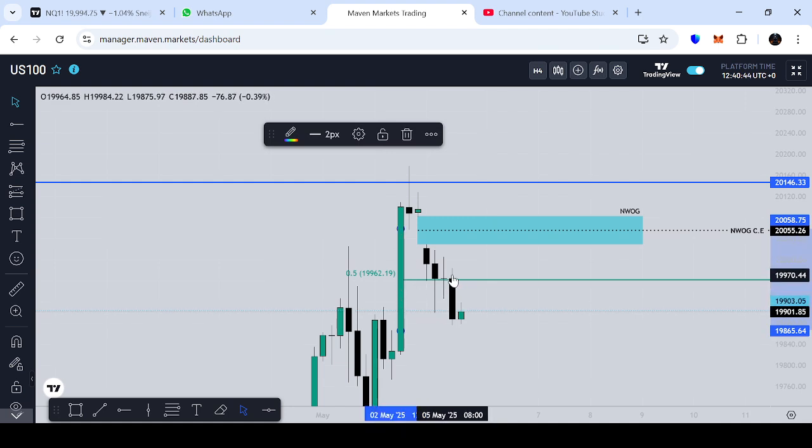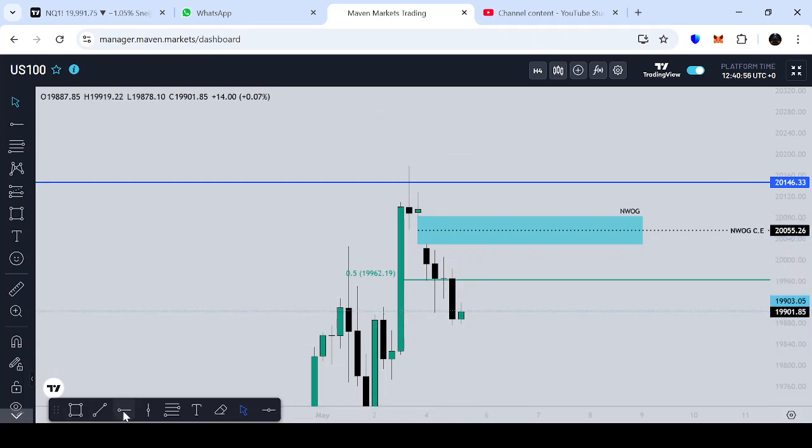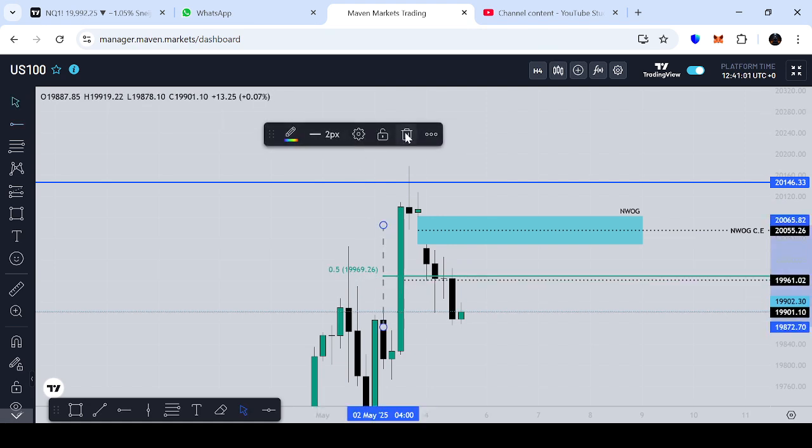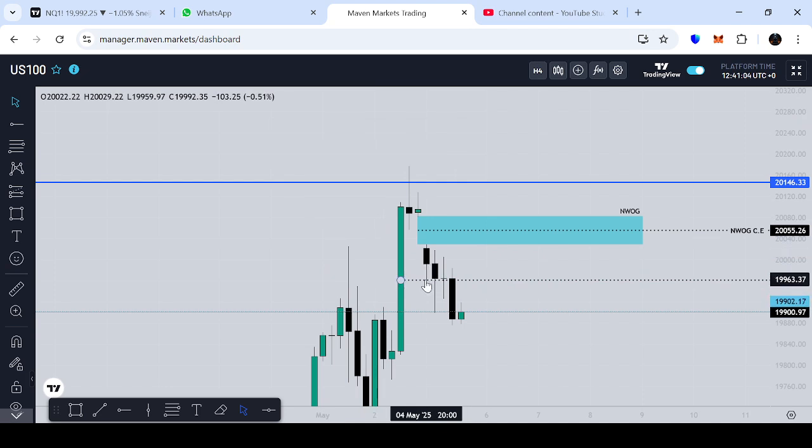You can see how price validated it with a candle body, so you annotate it too. First, price came to the consequent encroachment and was rejected. Then on Monday opening, the candle body closed at the consequent encroachment, and we traded below it. It has been validated and is going to act as an inversion fair value gap. That's how you treat your inversion fair value gap.